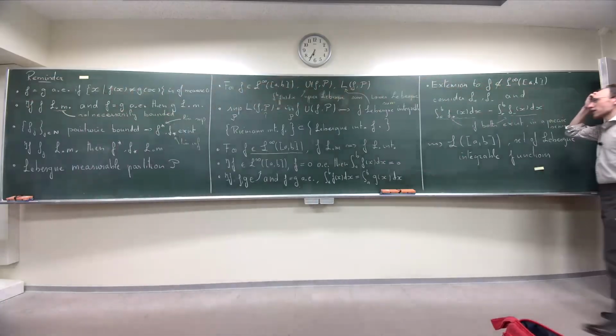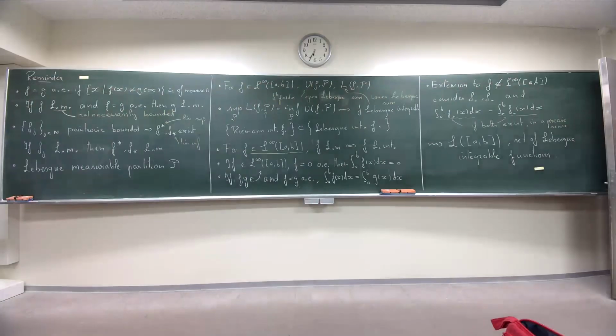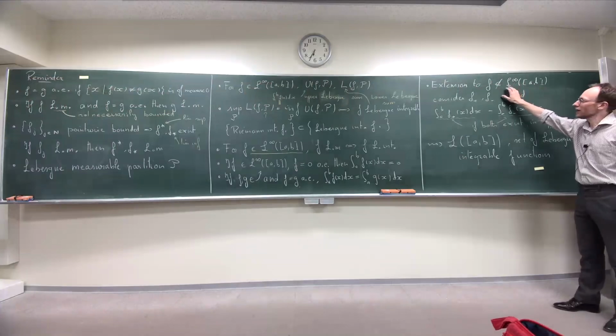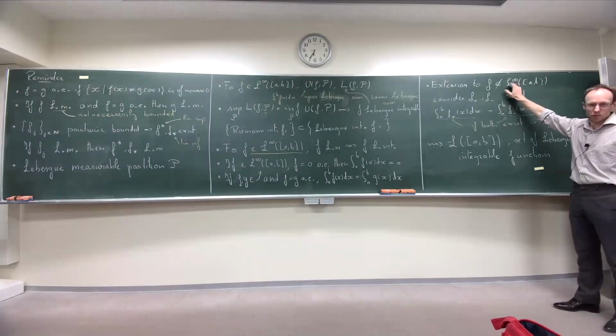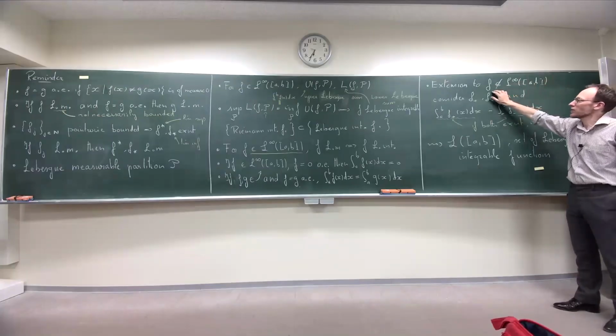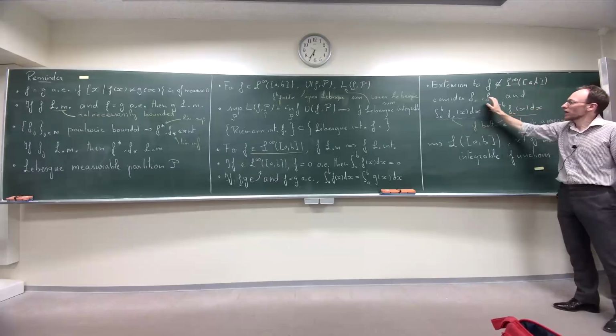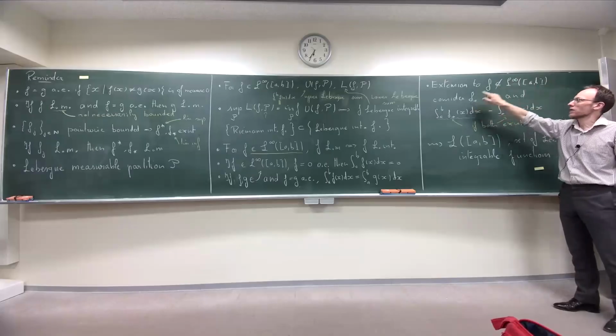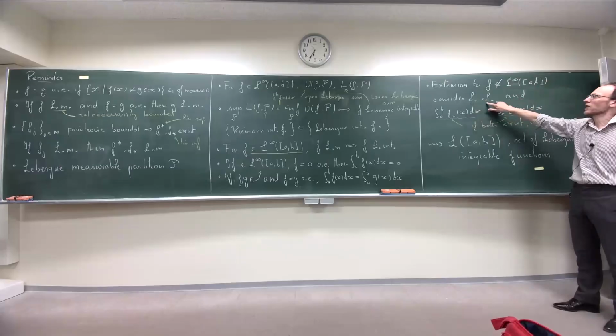And then we discussed what happens for unbounded functions. For unbounded functions, I started by considering positive ones, and I gave a definition of what it means to be Lebesgue integrable for unbounded functions when they are positive. And then if there is arbitrary sign, I define f plus and f minus. This is the positive part of f. This is the negative part of f.